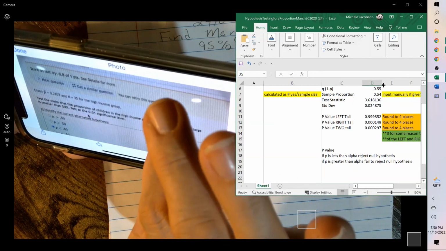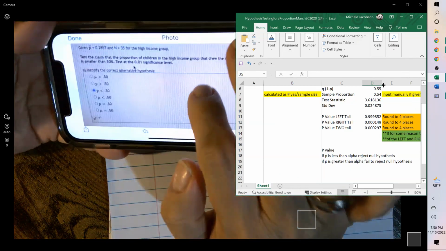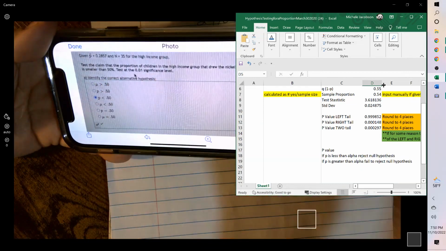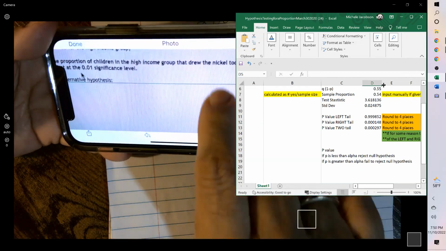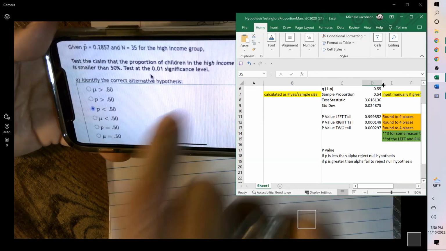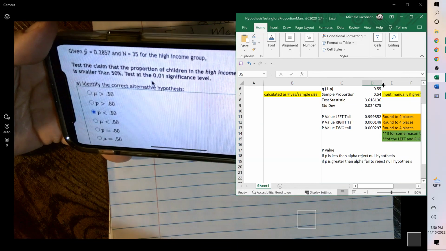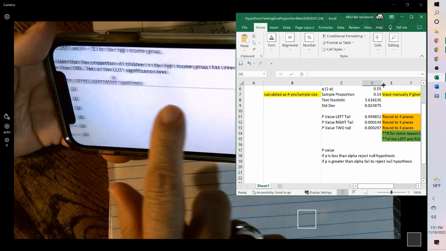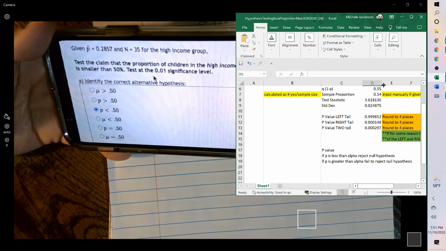Anyways, this one we're just showing the claim, and we want to test those who drew the nickel too large.